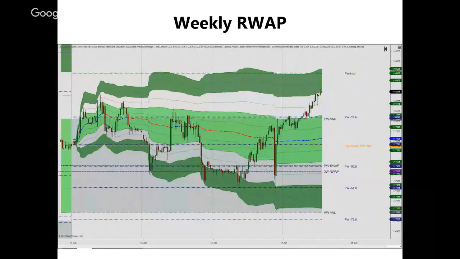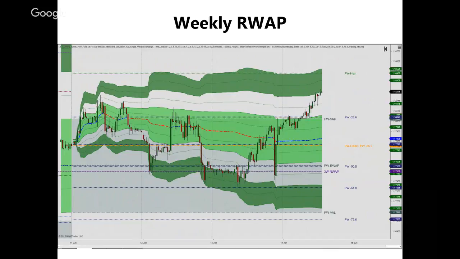For the intermediate perspective, I then like to have a look at a 30-minute chart of the weekly range weighted average price. I also have the weekly Fibonacci extensions on this. And we see a confirmation of what we saw in the broad overview.